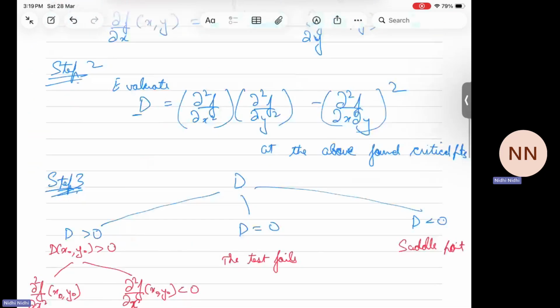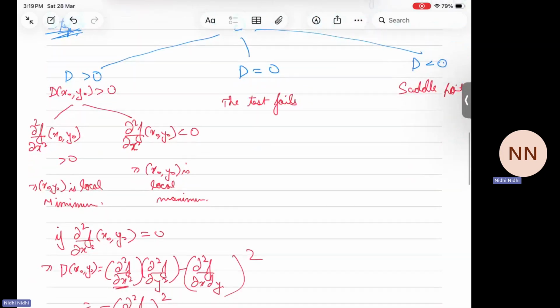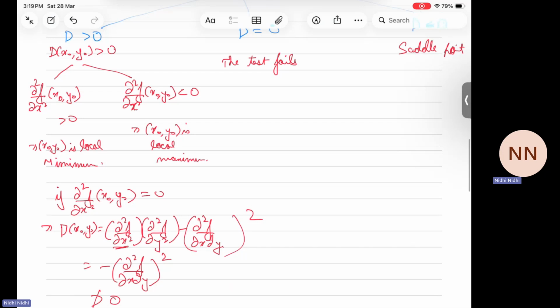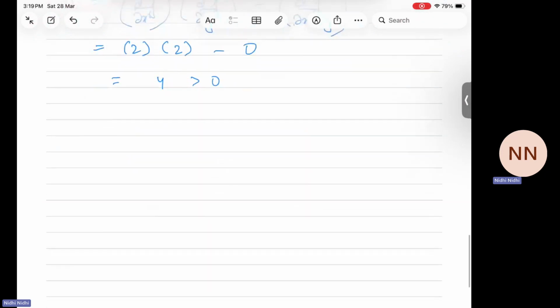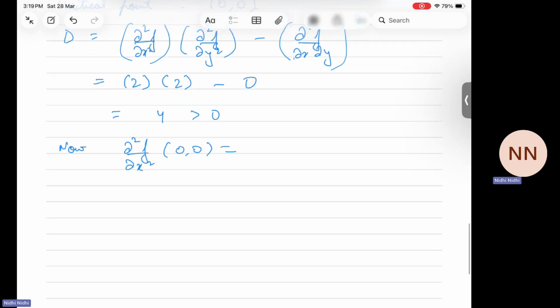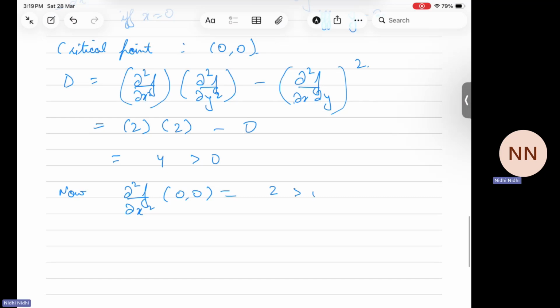So we all know that when D is strictly positive, we can look for local maximum or minimum. So in that case we need to see what is the sign of the second derivative with respect to x at that point. Now del 2f by del x square at the origin, in fact everywhere, is equal to just 2, which is positive. That means by the second derivative test, the function f has a local minimum.